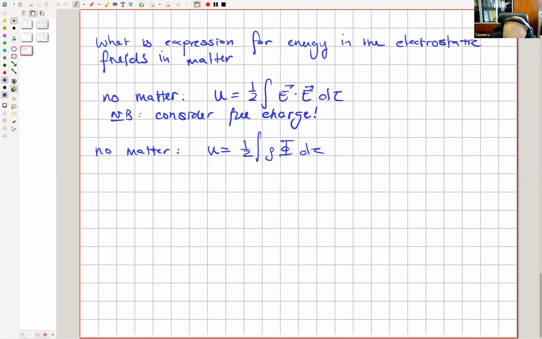And so with matter, the only thing I can really consider is the free charge, the charge that I have control over in the sense that I can add or remove. So let's see, it's rho free, again, phi d tau.